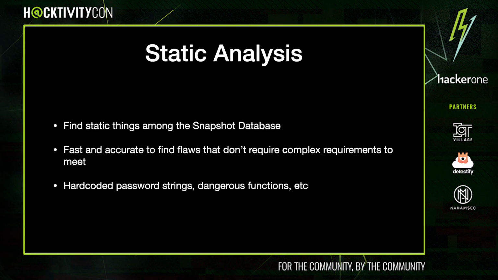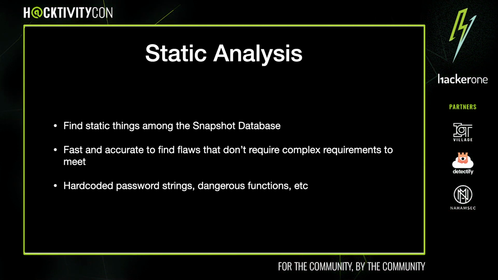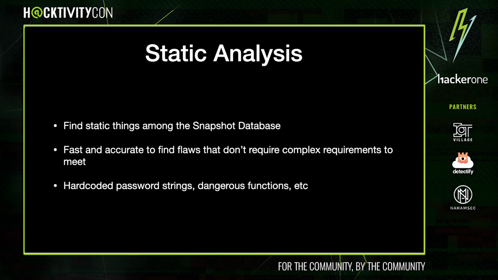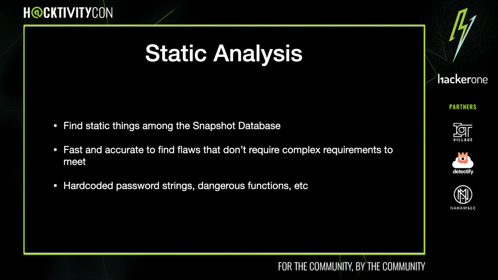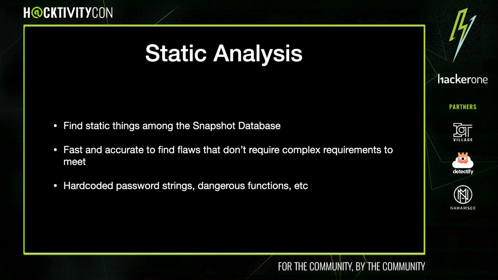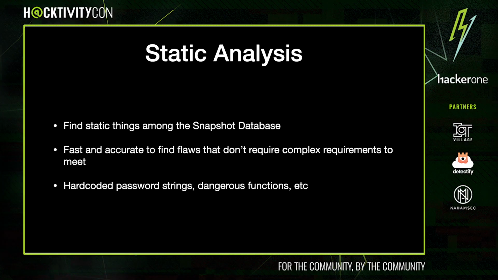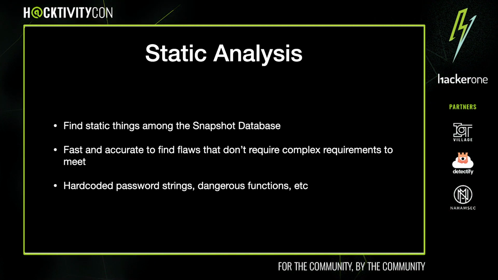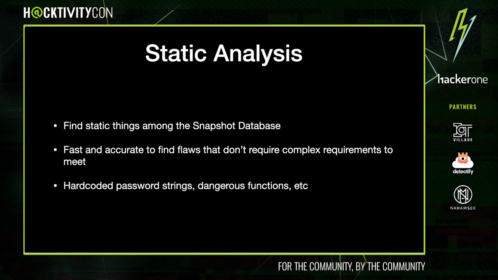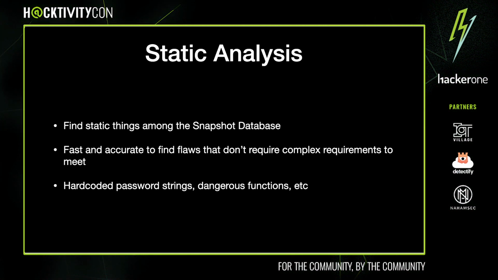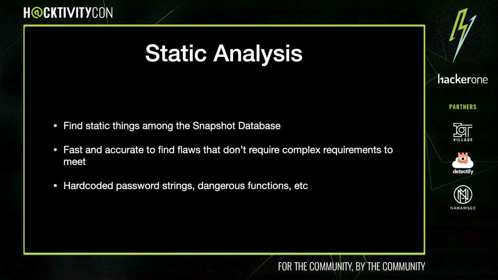Static analysis is the most straightforward analysis you would use in the first step of the analysis. It can fetch any static data fast and accurately. It is common that researchers use static analysis to search for hard-coded things, like passwords, API keys, or the misuse of a dangerous function.